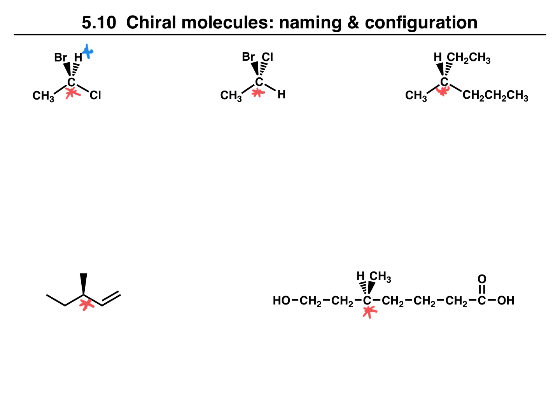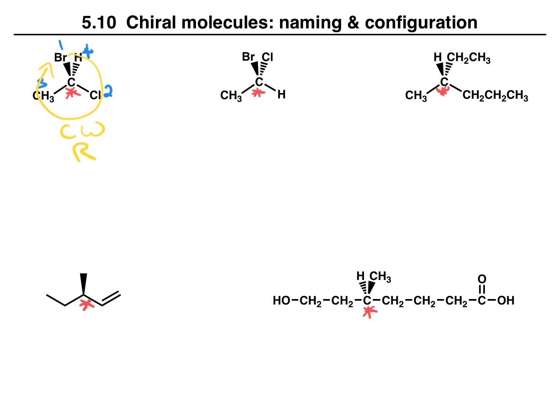Bromine has the highest atomic number, that's going to be priority 1, followed by chlorine, followed by carbon. So we have priorities 1 bromine, 2 chlorine, 3 carbon, 4 hydrogen. Notice our lowest priority is back, so all we have to do is trace 1 to 2 to 3, and we are going clockwise. So the configuration of this carbon is R.